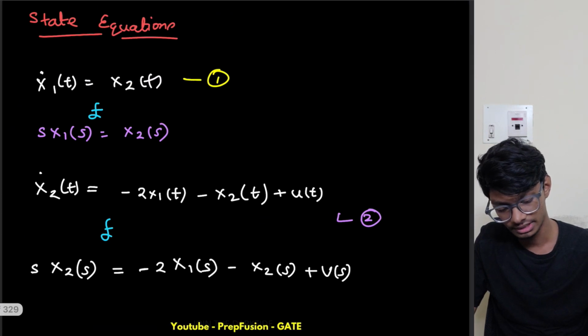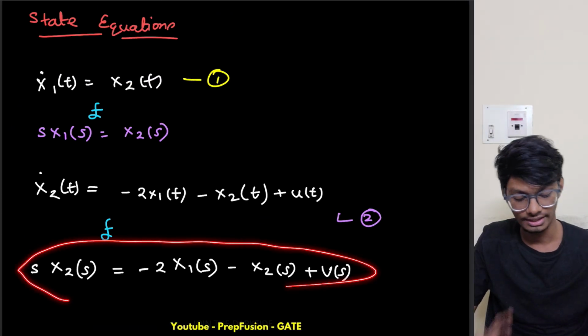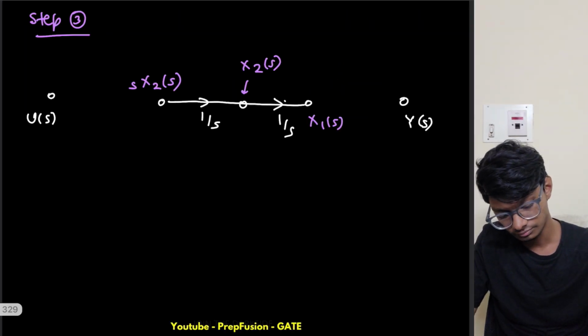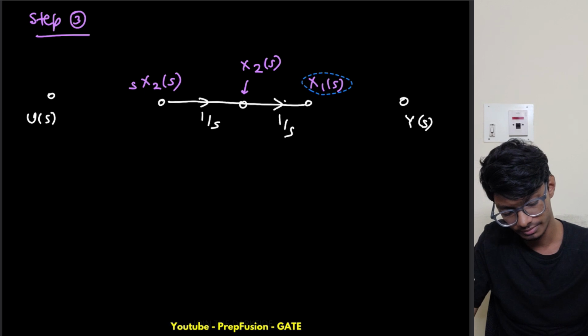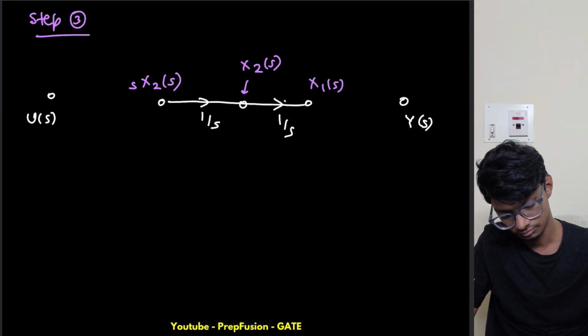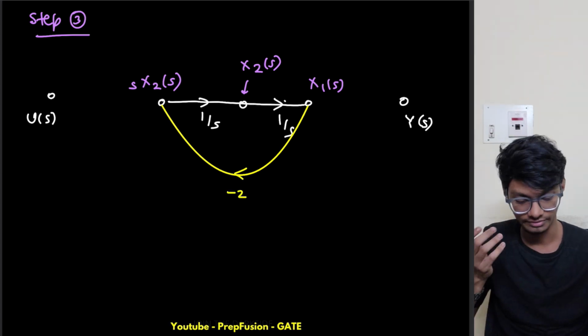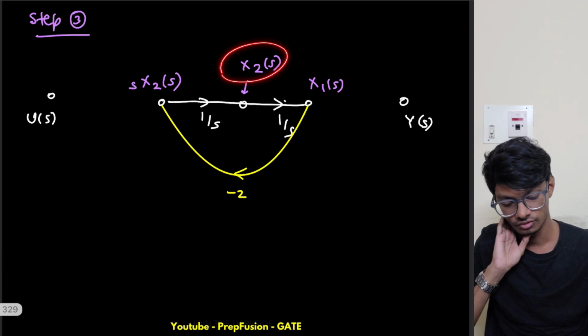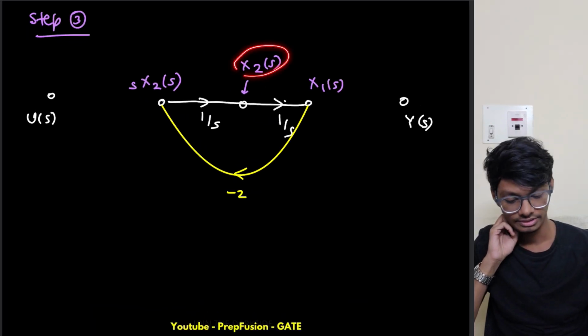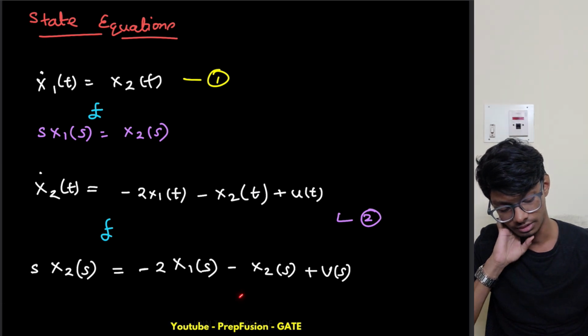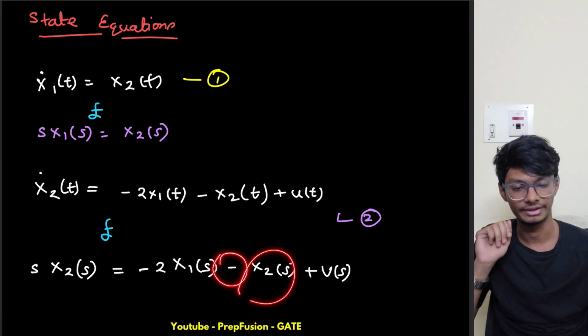Now what this equation is telling us is that sx2 equals minus 2 times x1 of s. So here we have to put in a minus 2, minus 2 times x1 of s. And how is x2 of s related with x2 of s? Simply minus 1.